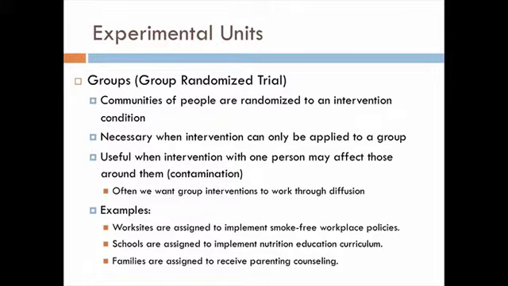By design or by necessity, the entire classroom needs to receive either the new curriculum or the old curriculum. It's not possible to break people out. So that's when we would have a group as our experimental unit. We would randomize to intervention condition or control condition. We randomize groups and not individuals within groups.